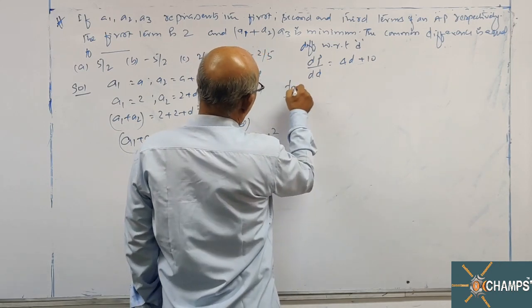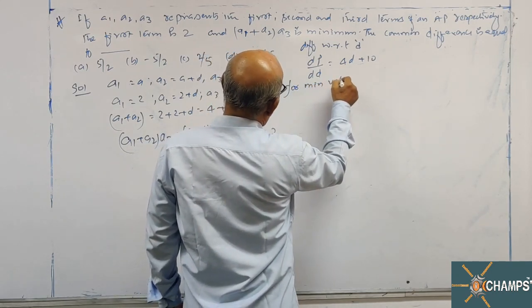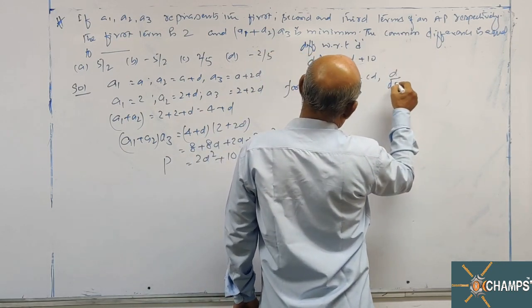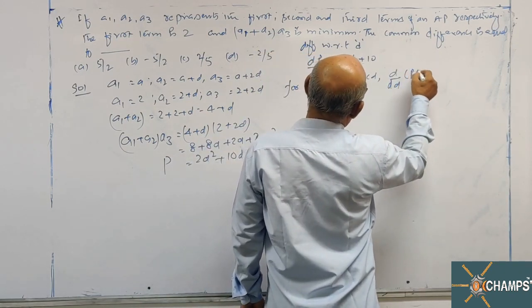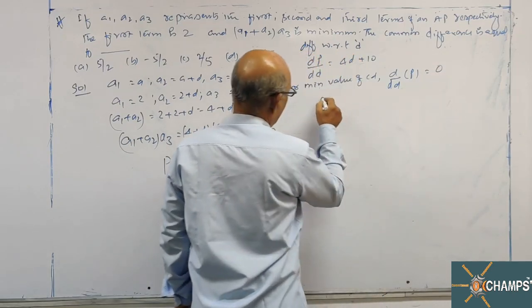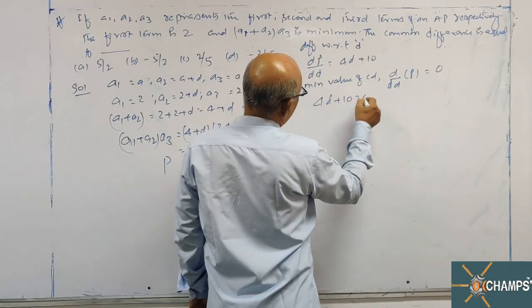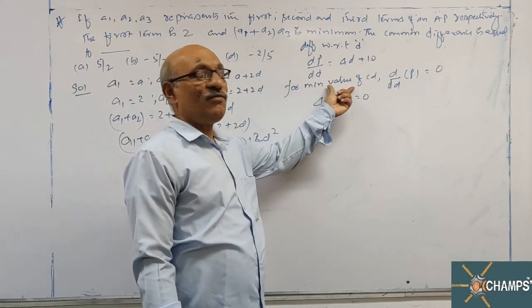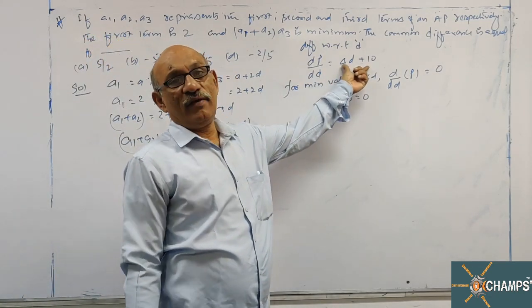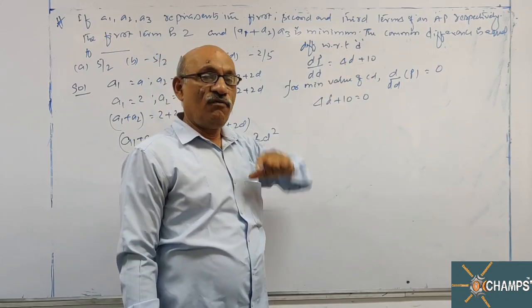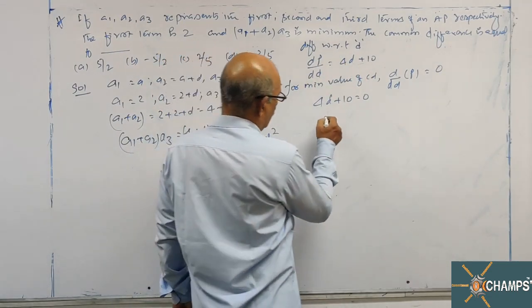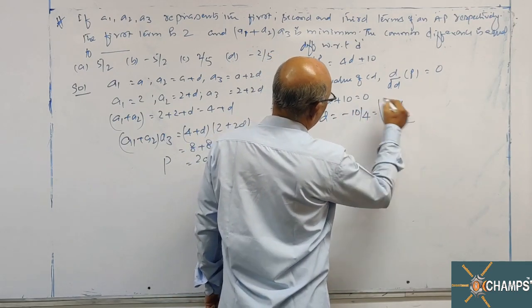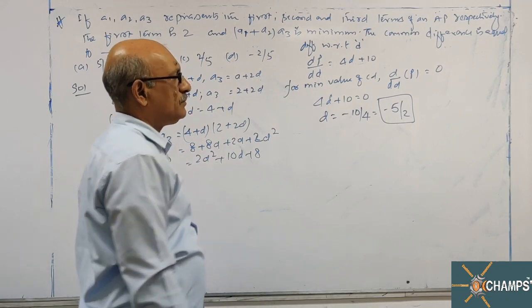For minimum value, first derivative I am equating to 0. dP by dd equal to 0. 4d plus 10 equal to 0. So d is equal to minus 10 by 4, minus 5 by 2. This is the minimum value.